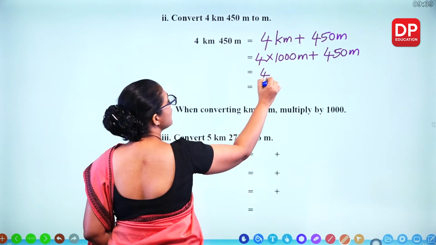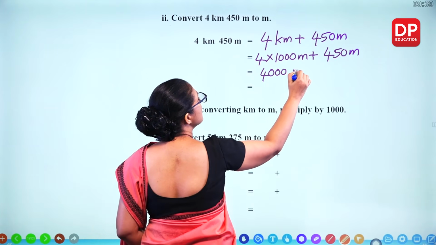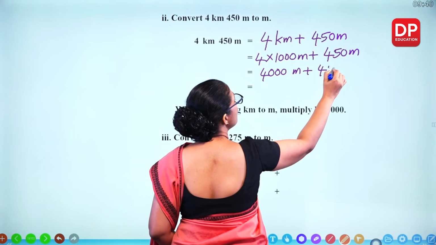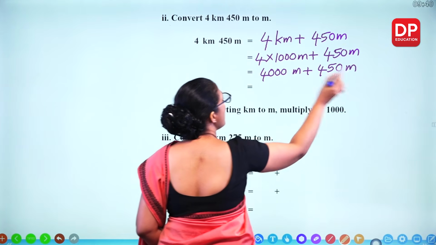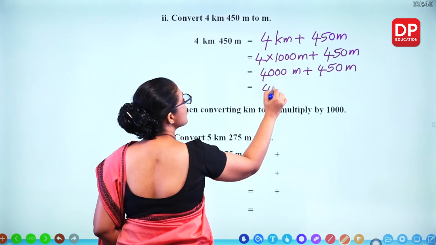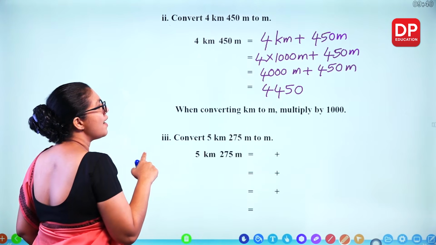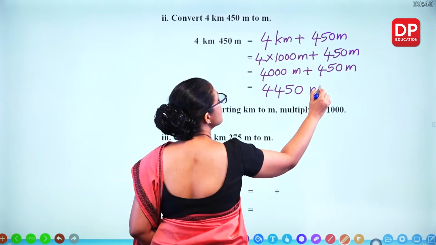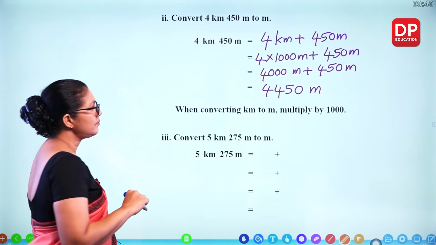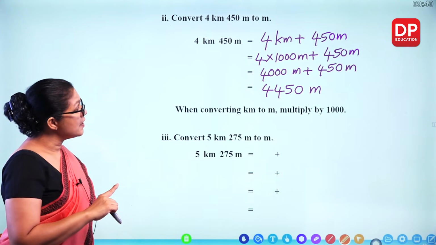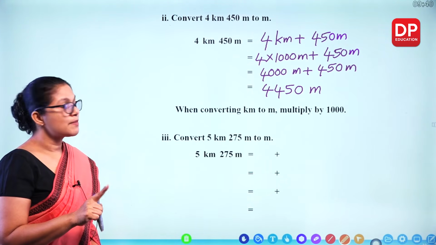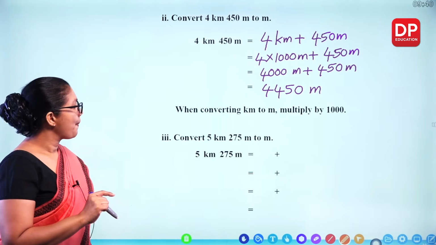This becomes 4000 and this is 450. When you add it together, 4,450. 4,450 meters altogether. When converting kilometers to meters, multiply by 1000.